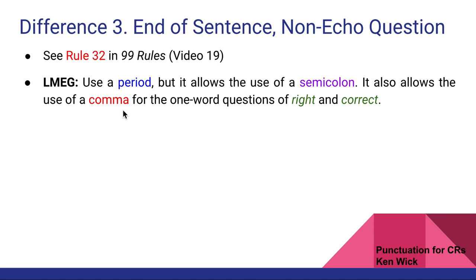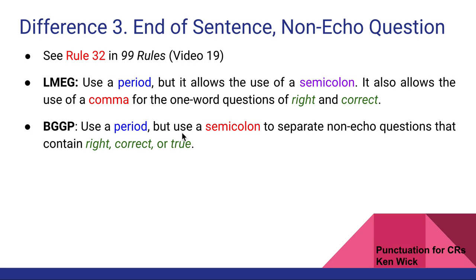So the LMEG says for an end of sentence non-echo question, use a period, but it allows the use of the semicolon, and also allows a comma for the one-word questions right and correct.